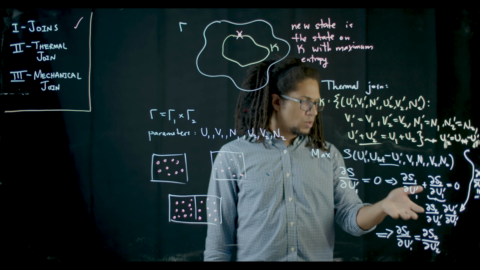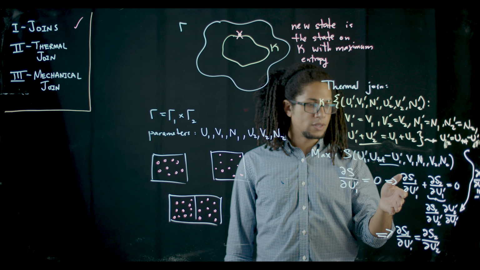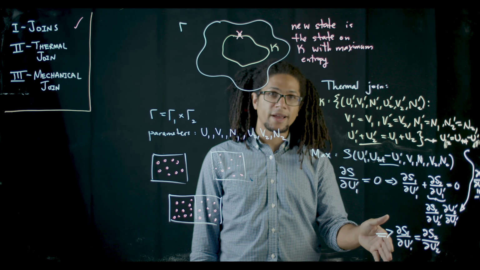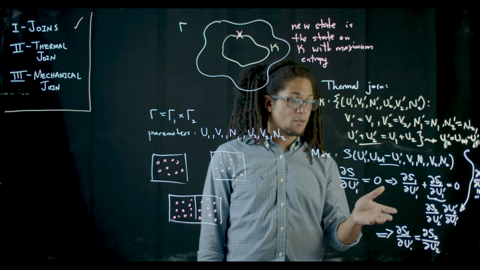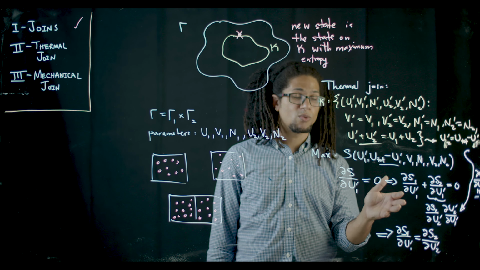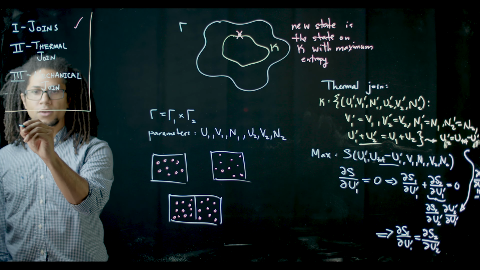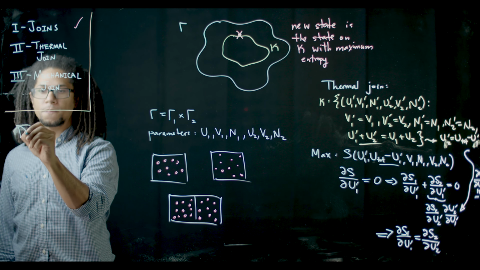What sort of thing is this that we're using to characterize this partial of the entropy of one system with respect to its internal energy coordinate? It makes sense that we might want to give this value a name, and so we will. So let me do, this is in fact a definition.